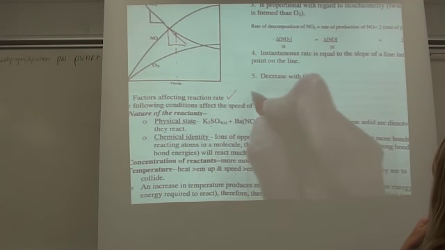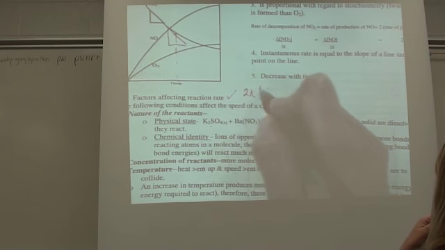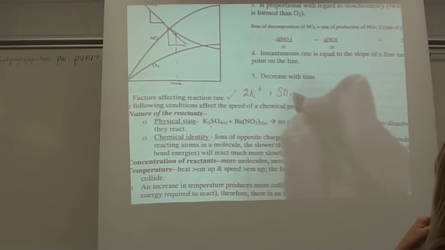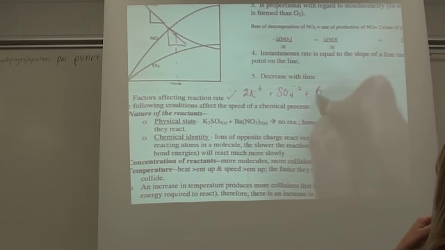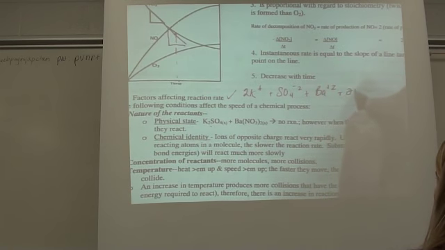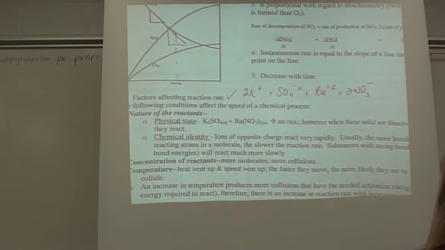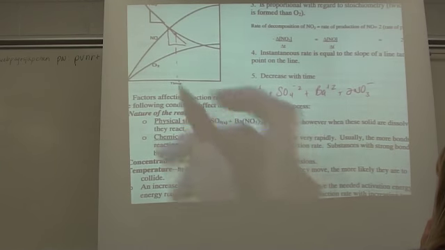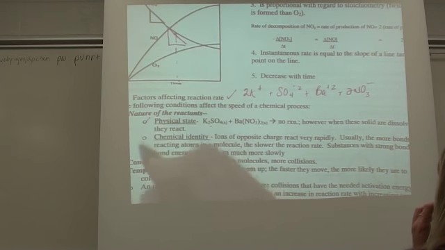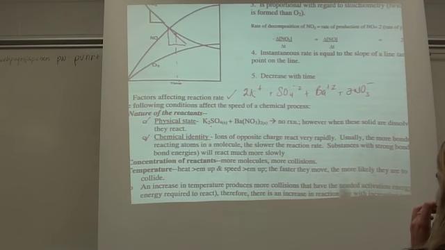Because in an aqueous solution, you would have ions floating around and they would be able to find each other. So the physical state matters, as does the chemical identity.